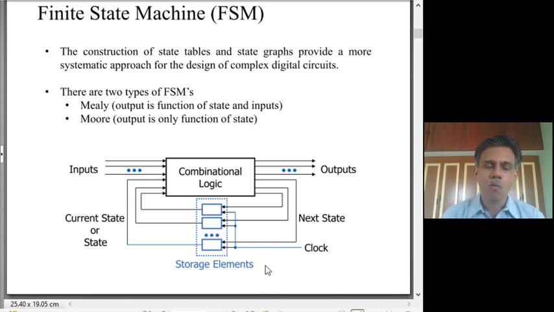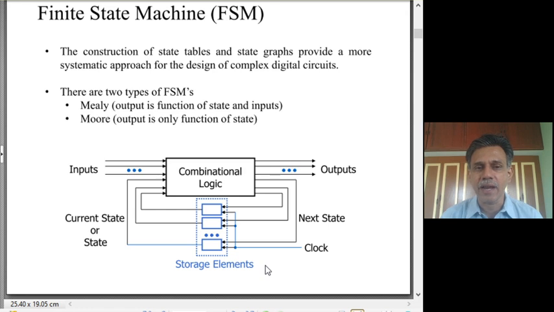And then, apart from this state register which stores the state, the dependency between the input, output, present state and next state is characterized by a circuit which is combinational in nature. You may ask, why is it combinational, why not sequential? If it is sequential, it has some flip-flops which can always be taken into the state register.